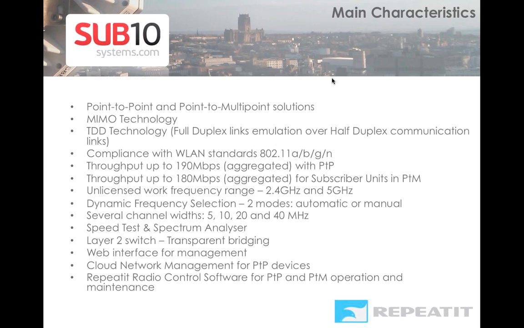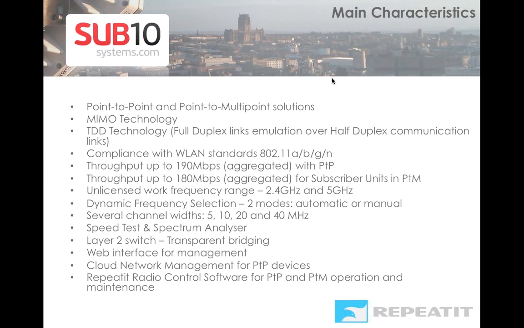Regarding the throughput, there are two key points to remember. Because it's a TDD system, we are always speaking about aggregate speed. It means it's the sum of downlink and uplink. Downlink is always from the base station or master to the client, and uplink is from the client to the base station or master.